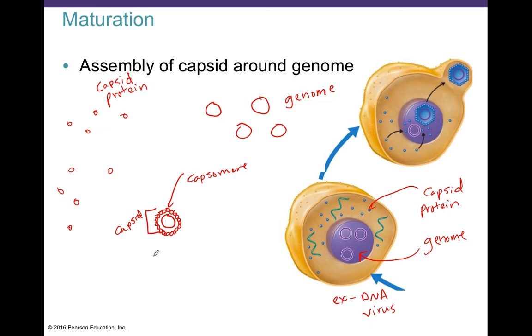And then all of this together, when it's assembled and mature and active, is called the virion. Sometimes this maturation is complete once inside the cells, sometimes it requires additional steps, but the main take-home message here is that you're putting the building blocks together to start to assemble the virus.